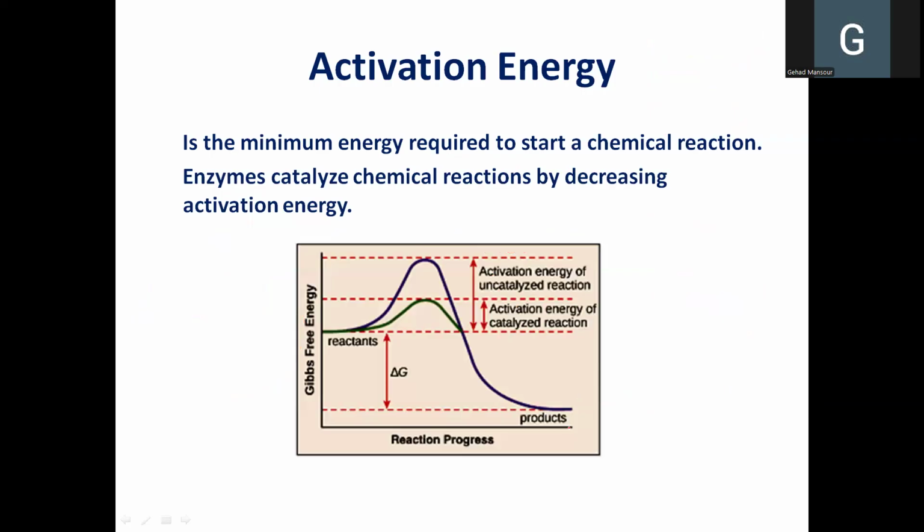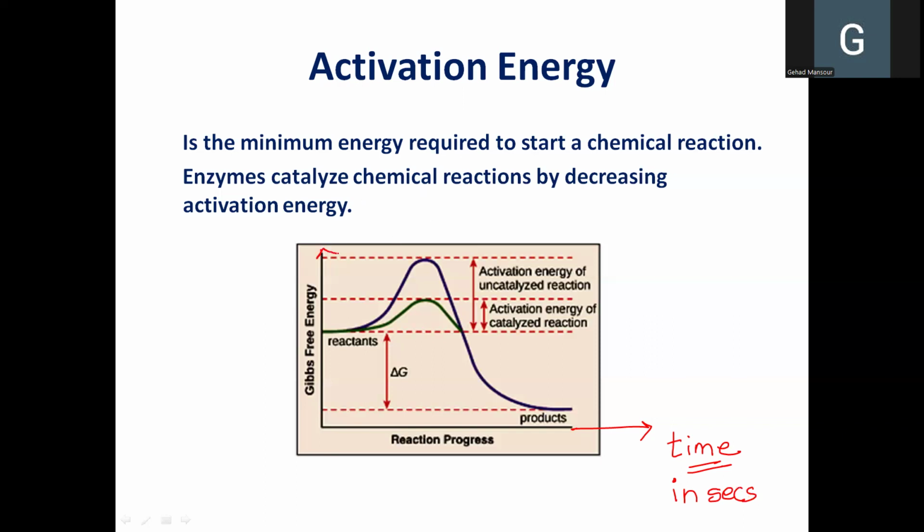Here we have the reaction progress on the x-axis, and the reaction progress, of course, occurs along time. So if you want to label the graph with something measurable, then we have time, maybe in seconds, maybe in minutes, according to the rate of the reaction.